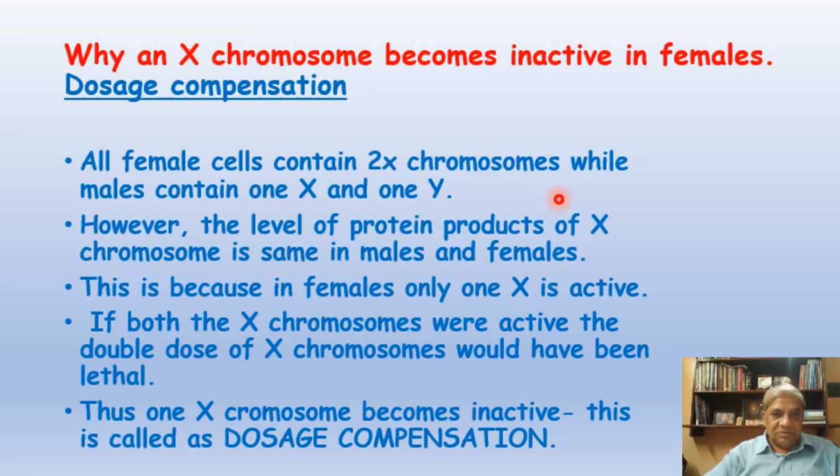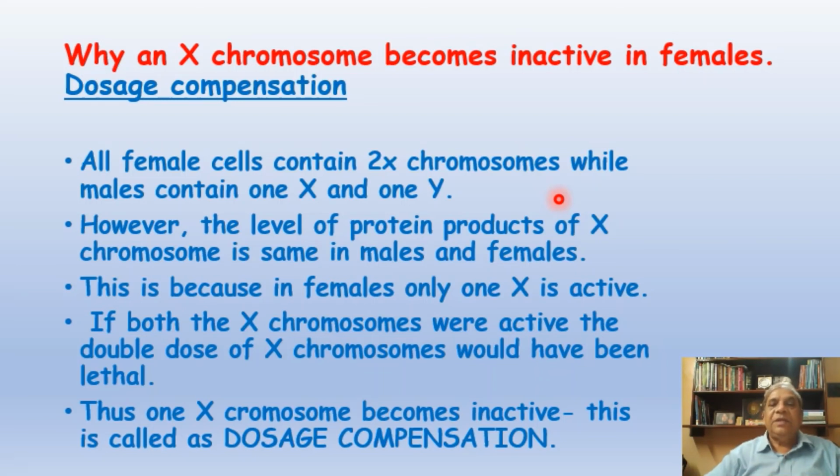So if both the X chromosomes were active in a female, think of a hypothetical situation: the product of the genes, a protein or any product, would be in double dose in females, because there are two X chromosomes and males contain only one X chromosome.